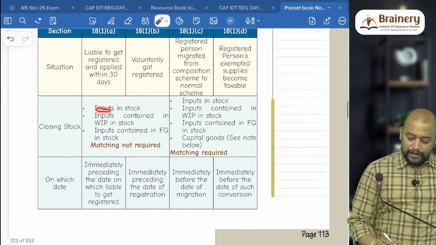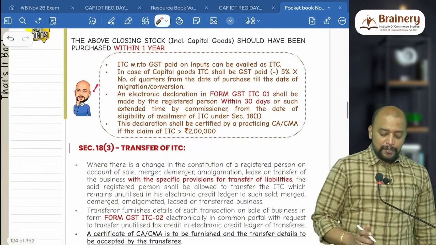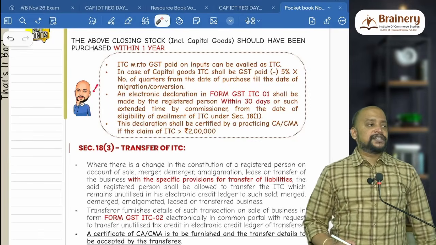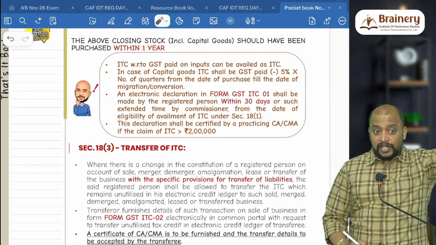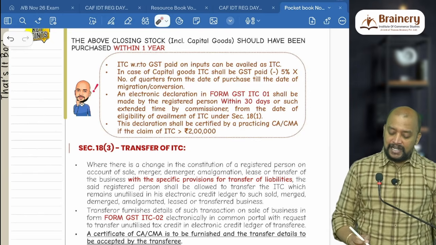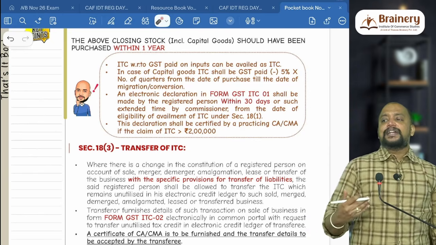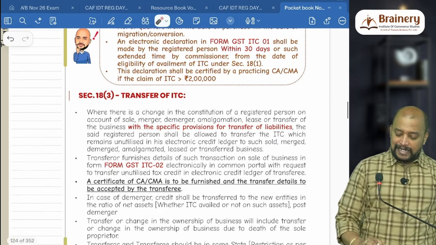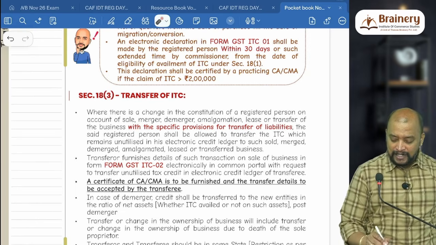For inputs we don't have to reduce anything, the full GST paid we can take, but for capital goods, GST paid minus 5% for every quarter or part thereof from the date of purchase till the date of conversion. So we need to reduce, and this ITC will be availed in form ITC-1, and the form will be filed within 30 days from the date they are eligible, which can be extended by the commissioner, and this declaration shall be certified by a practicing CA/CMA if the claim of ITC exceeds 2 lakhs.